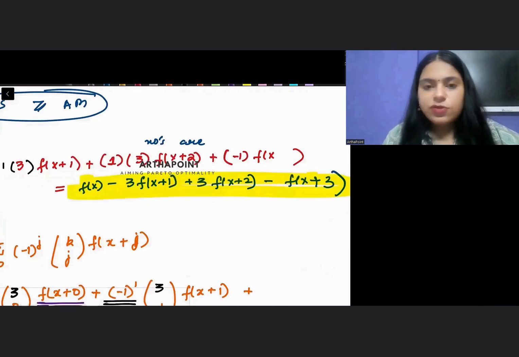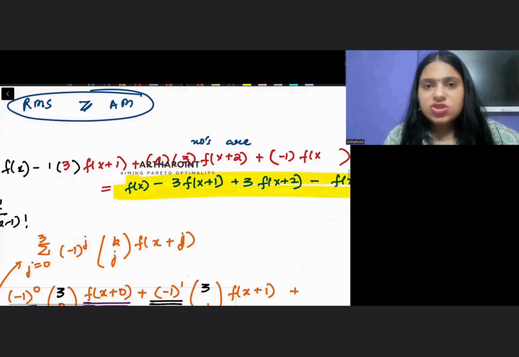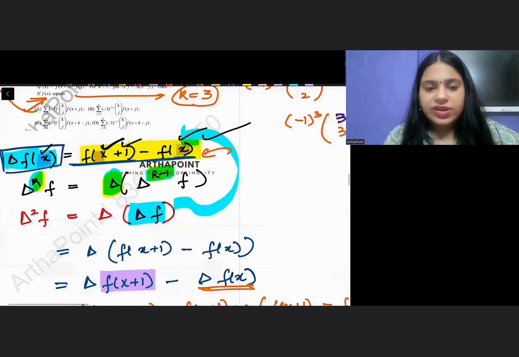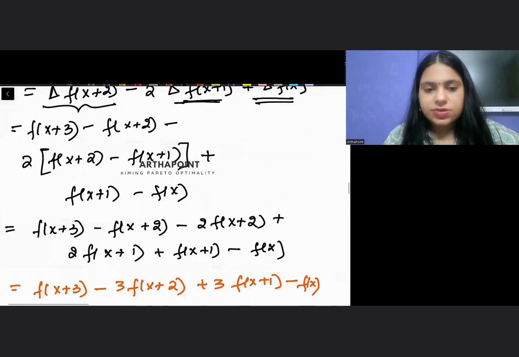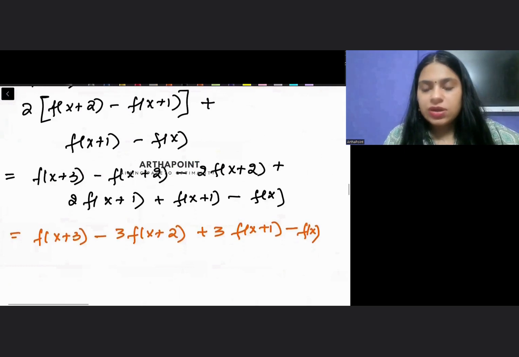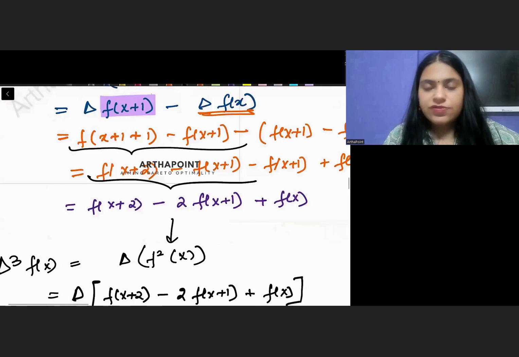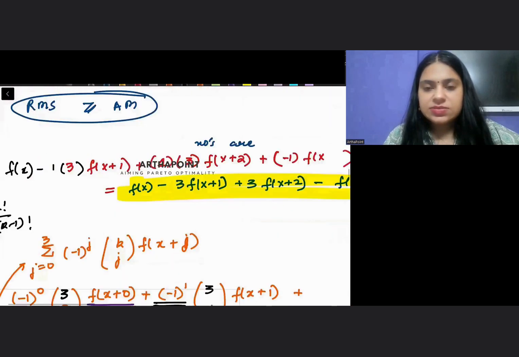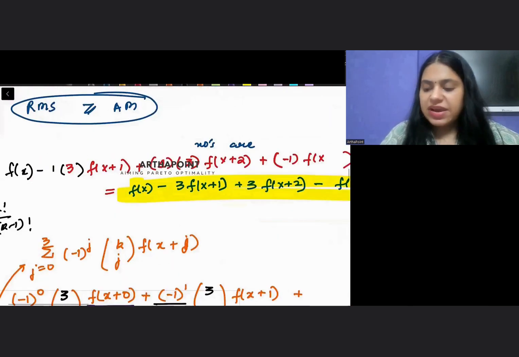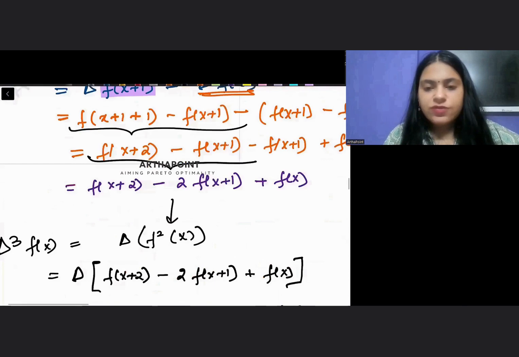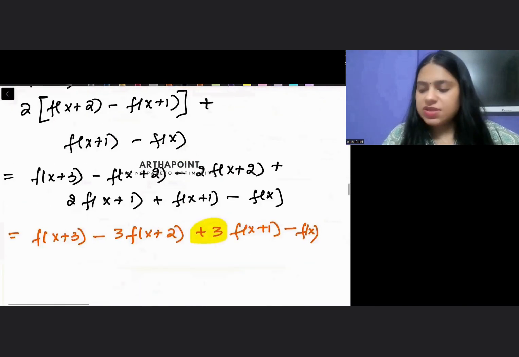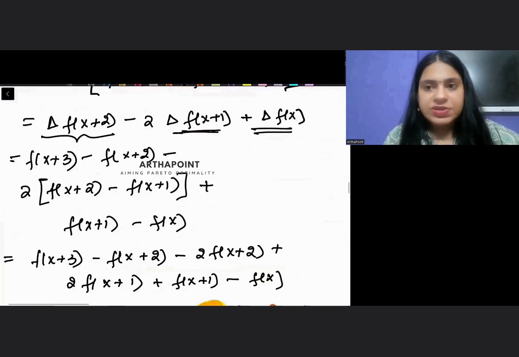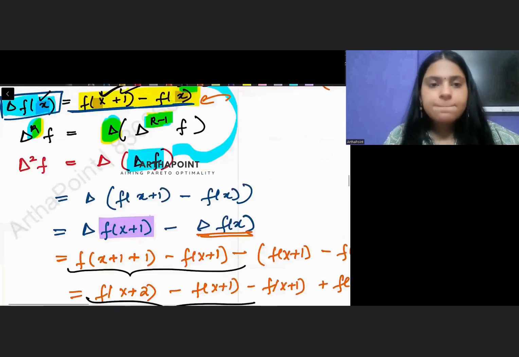Right, so this will be the answer to this question. Now what we have to do is compare. If I try comparing this with what I have derived, do they match? The coefficient of f of x plus 1 should be plus 3. What is the coefficient I am getting in this case? Minus 3. You see here, the coefficient I am getting is minus 3, whereas the coefficient I should be getting is plus 3, which means that they are not the same thing, right?